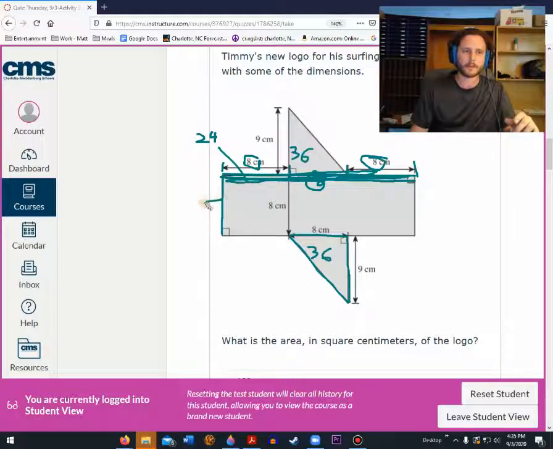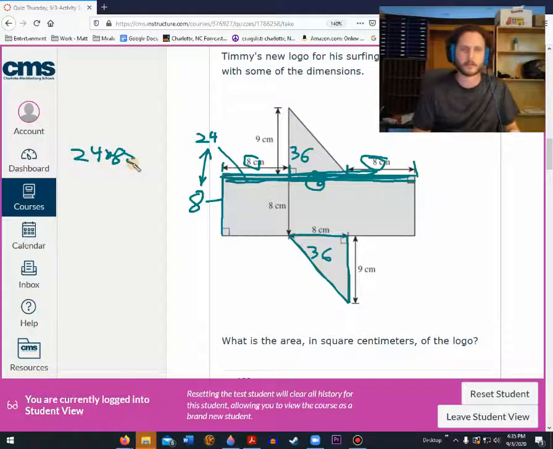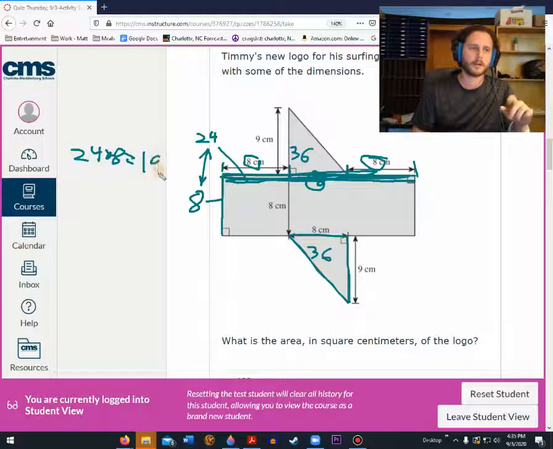And the height, we already said, is 8. To find the area of that rectangle, we're going to have to multiply these two amounts. So we do 24 times 8. This is just a rectangle, so you're just going to multiply straight across, and that's going to give you 192. And that's just the rectangle part.